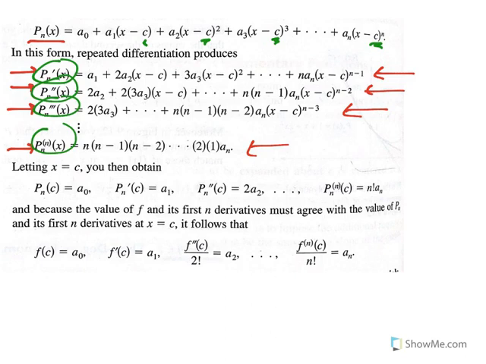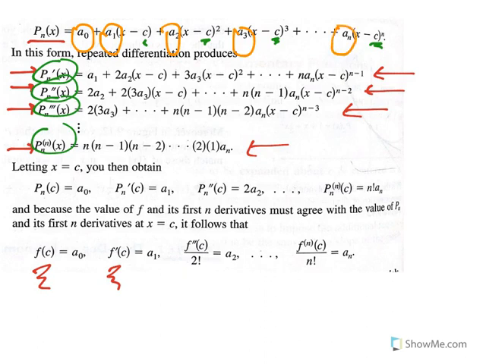So we'd like to evaluate each of these at x is equal to c. And then we'd like to set the values of our nth degree polynomial function evaluated at x is equal to c, as well as its derivatives evaluated at x is equal to c, equal to our function f evaluated at c and its derivatives evaluated at c to solve for these constants, which are the coefficients of our nth degree polynomial function.